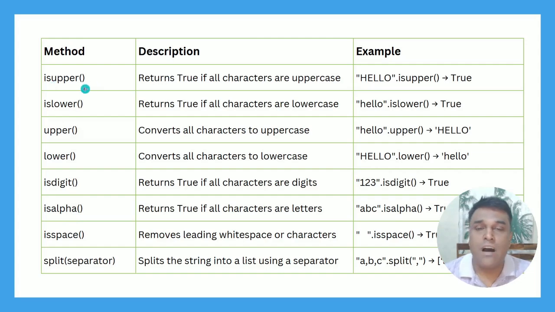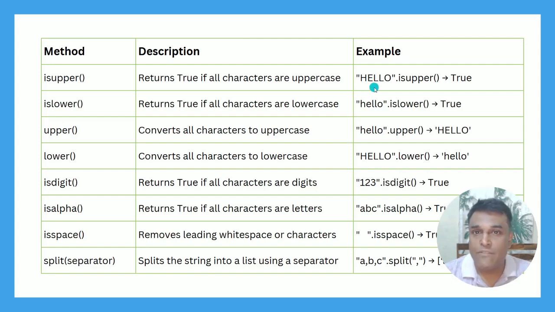So what is isupper? This method is basically used to check if the letters are in uppercase or not. As it is written over here, it returns true if all the characters, I mean the alphabets, are uppercase.